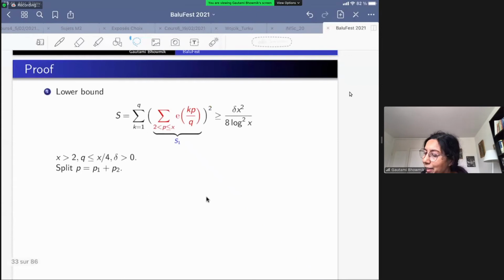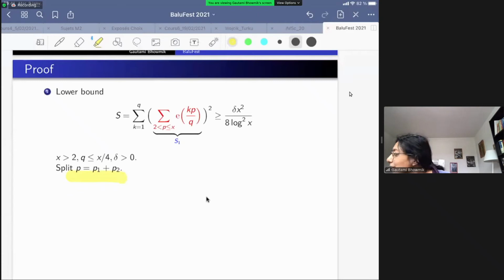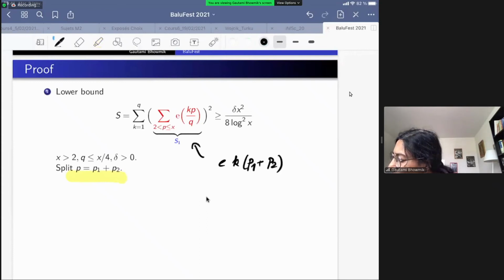I write my prime as P1 plus P2, to be able to get some nice cancellations. So this e now becomes, instead of having e(kp/q), I have it as e(k(P1 plus P2)/q).